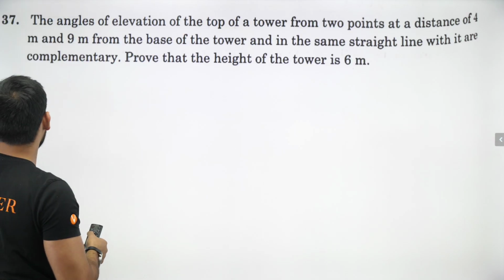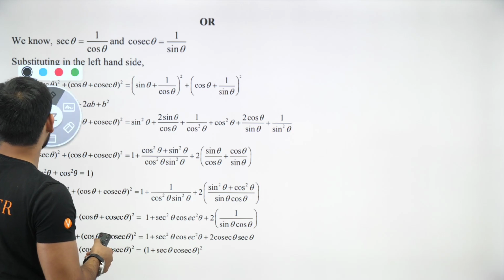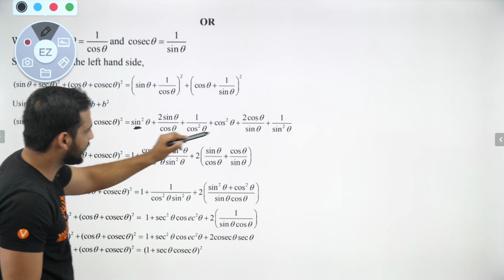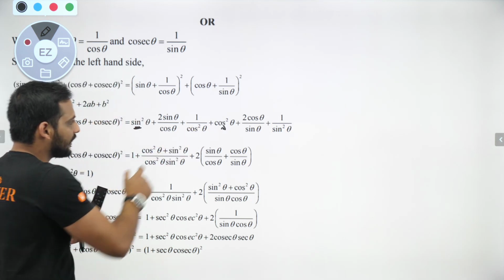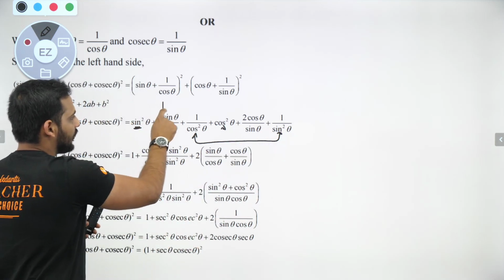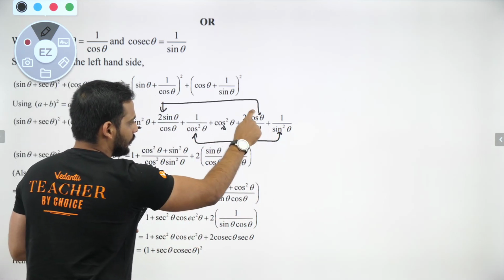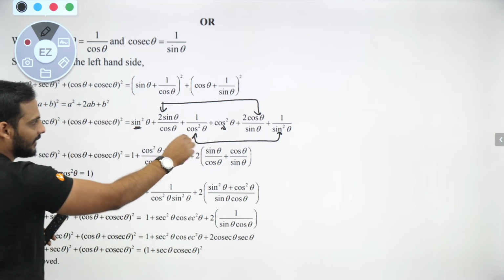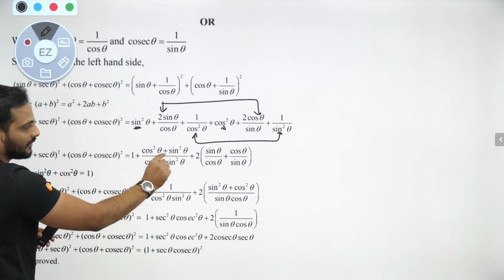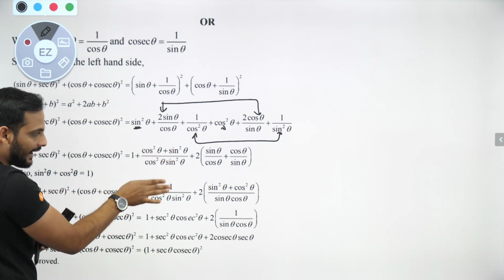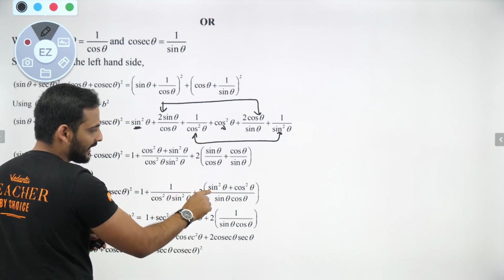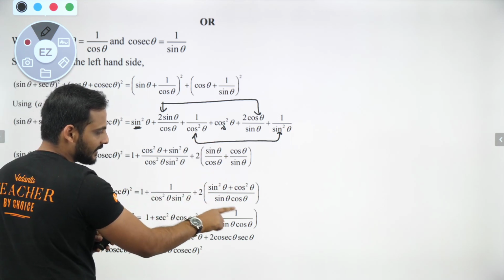Okay, sin square theta and cos square theta will give you 1. Now look, join these two, 1 plus sin square theta and 1 plus cos square theta, and join these two. Okay, take their LCM. So here if you join 1 by cos square theta and 1 by sin square theta, you will take the LCM. The numerator will become cos square theta plus sin square theta divided by cos square theta sin square theta, and here if you take LCM it will again become sin square theta plus cos square theta divided by sin theta cos theta.